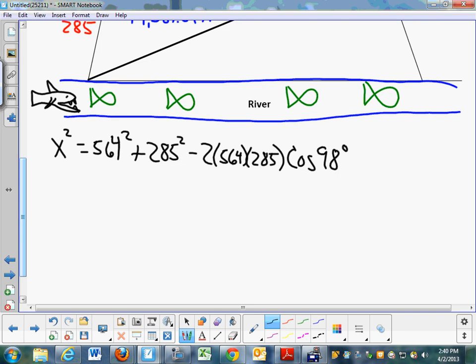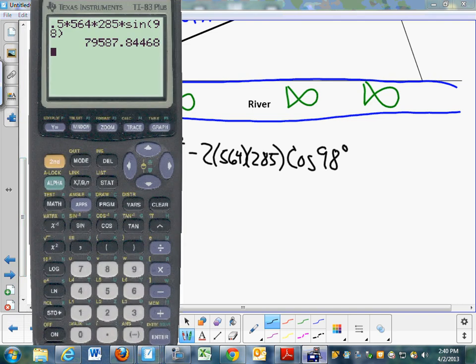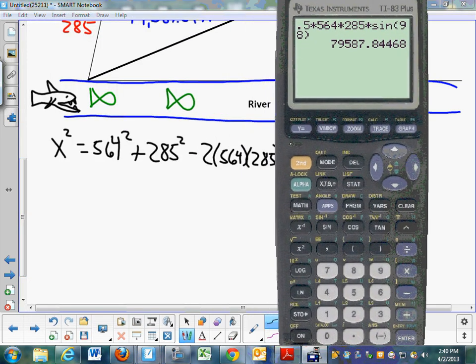Now, let's think about this. Cosine 98, positive or negative? Negative because this is the second quadrant. So you're going to subtract a negative result, so it's going to add more onto that. If we take the whole thing and type it in our calculator: 564 squared plus 285 squared minus 2 times 564 times 285 times the cosine of 98.